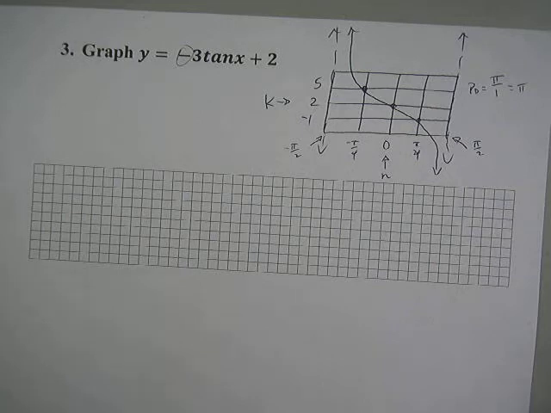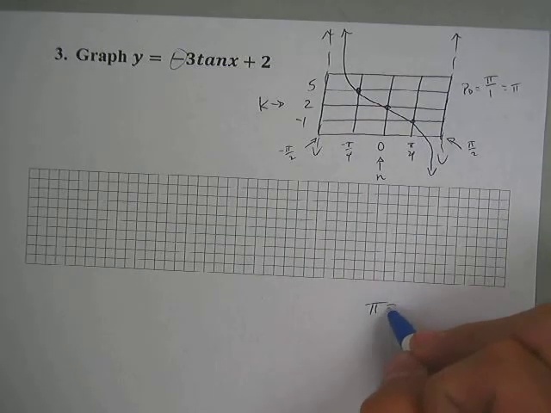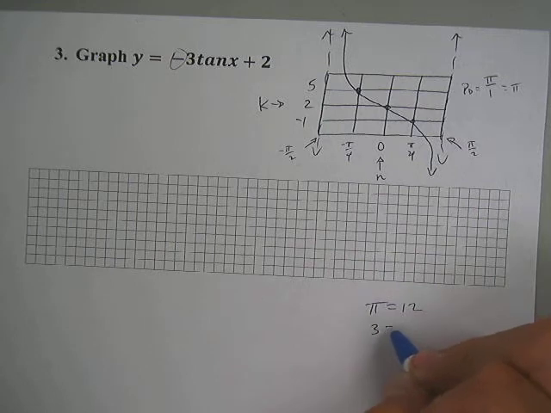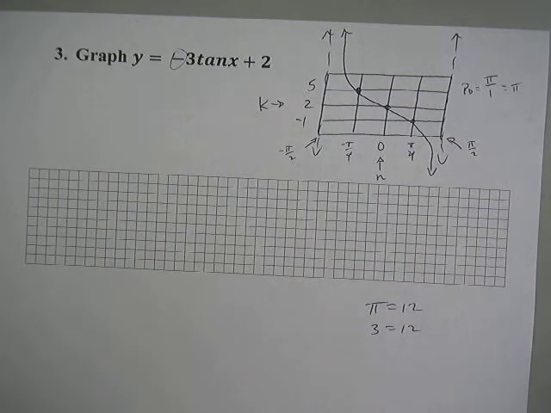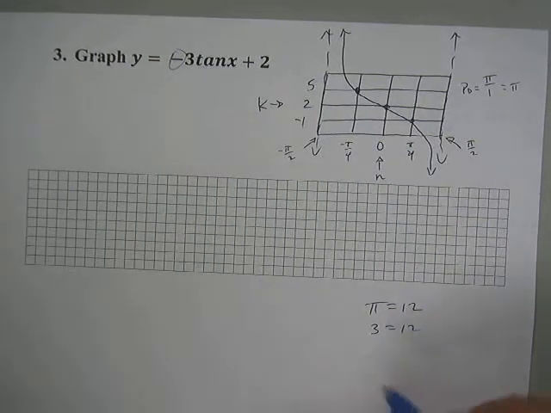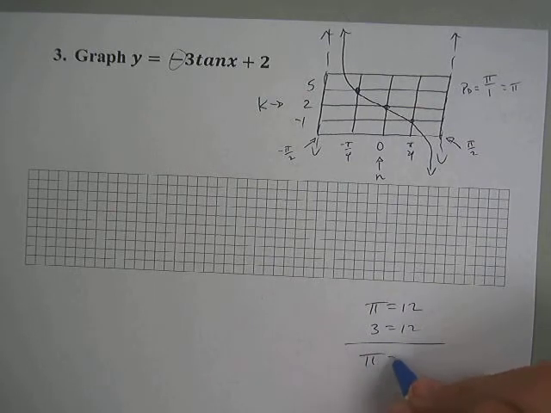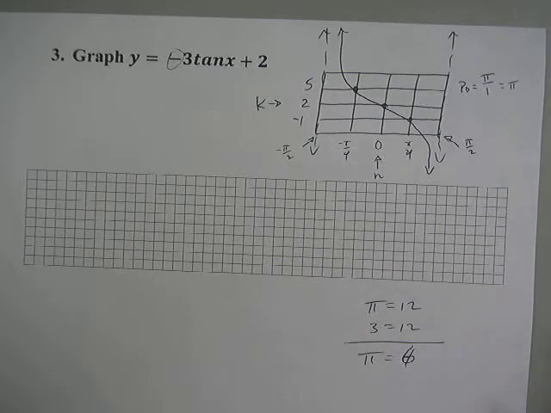Okay, graphing. Now this one's not going to be quite as nice. Let's see here if I can think for a second what would be the best ratio to do. Now, I talked about this the other day. You can always change your scale as long as you change it consistently. So for instance, instead of saying pi over 12 and that 3 equals 12, I can change it.